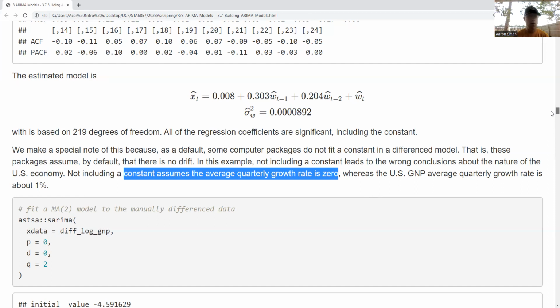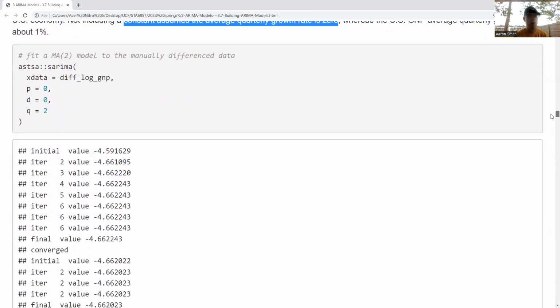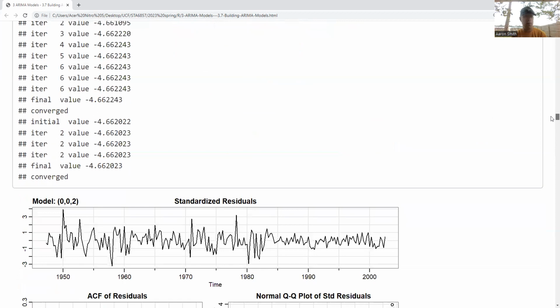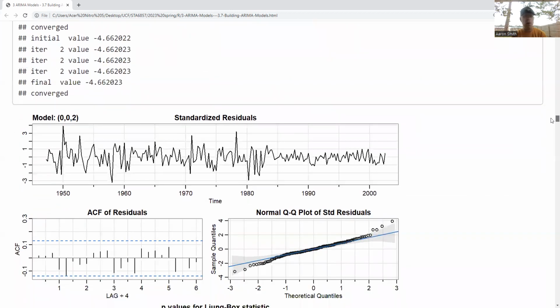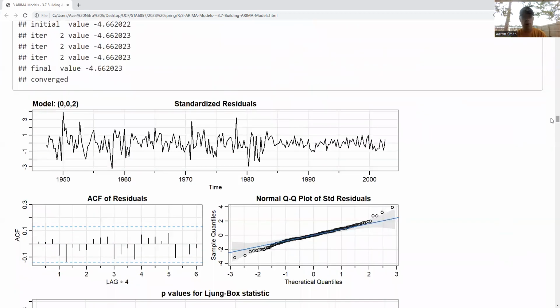All right, so here, let's go ahead and fit. This is post log transform, post difference data. I'm going to fit a degree 2 moving average model. Notice that I've already taken care of both steps of logarithm transformation and differencing. And so here I can look at my standardized residuals.